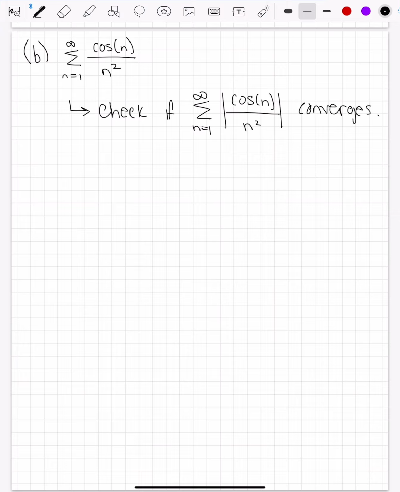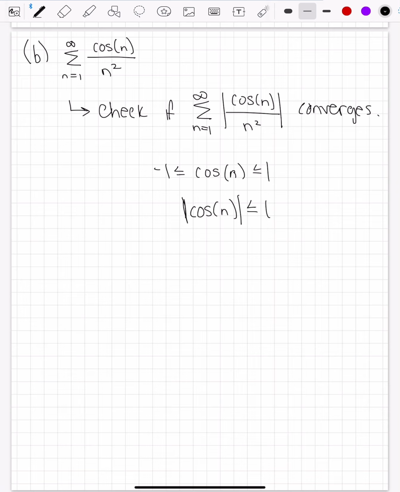Right, and so how are we going to do this? Well, remember, cosine is always stuck between negative 1 and 1. So what does the absolute value of cosine mean? That means that all of these negative ones are going to become positive ones. So the absolute value of cosine of n, we know, is always less than or equal to 1.